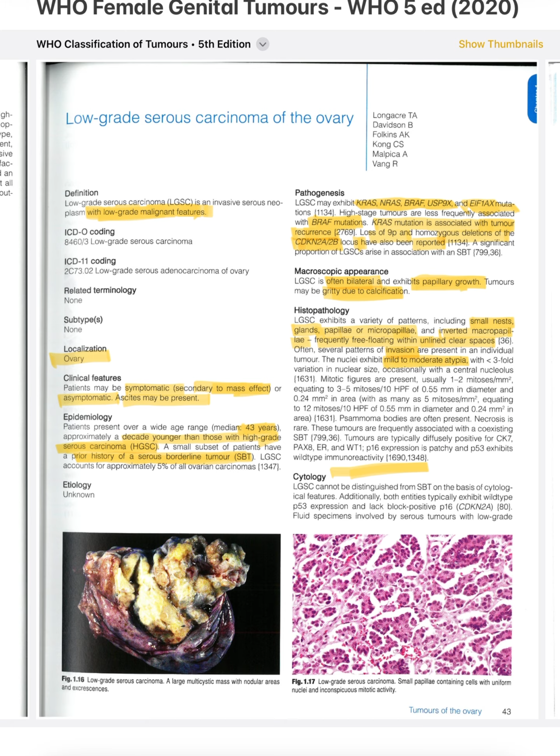The nuclei will exhibit mild to moderate atypia with less than threefold variation in nuclear size, occasionally with a central nucleolus. Mitotic figures are present, usually 1 to 2 per mm square, meaning 3 to 5 mitoses per 10 high power fields of 0.55 mm in diameter and 0.24 mm square in area. Psammoma bodies are often present.